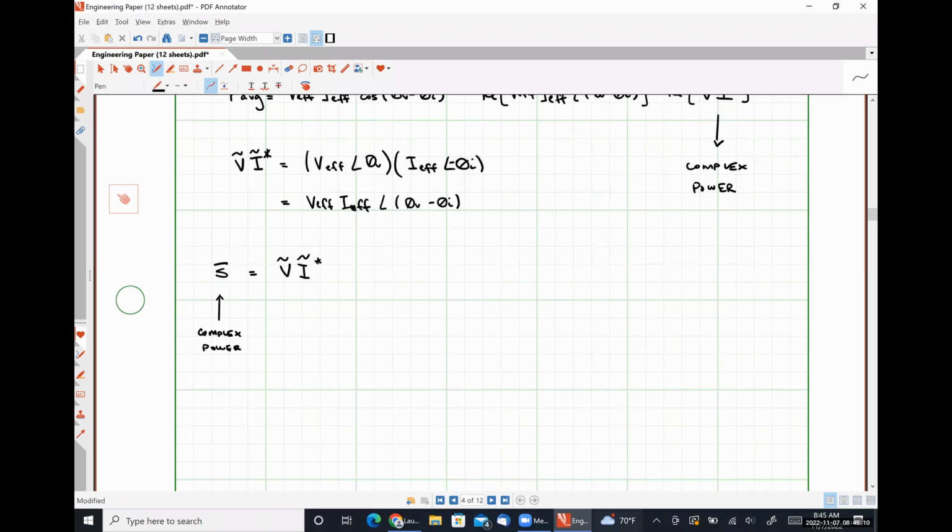So the units of the complex power are volts times amps, okay? What we've dealt with up to this point, we've called that watts. Well, watts is what's used for the average power or the real portion of the complex power, okay?